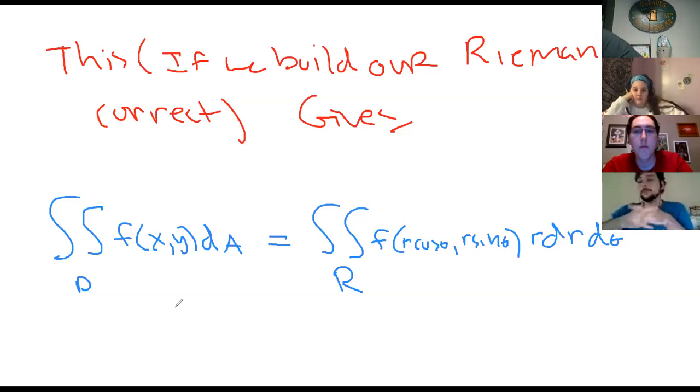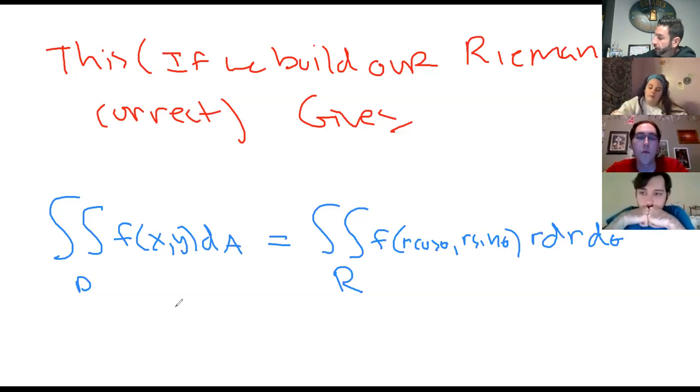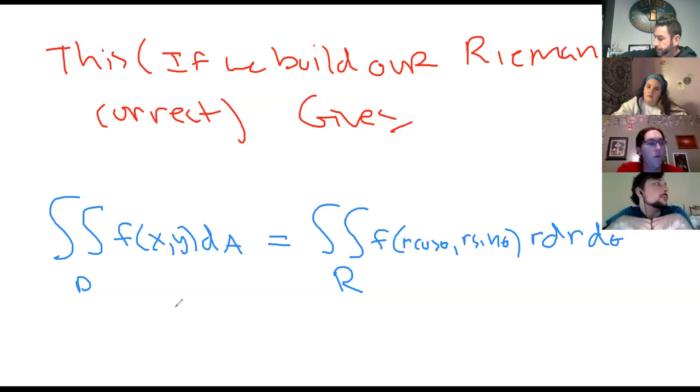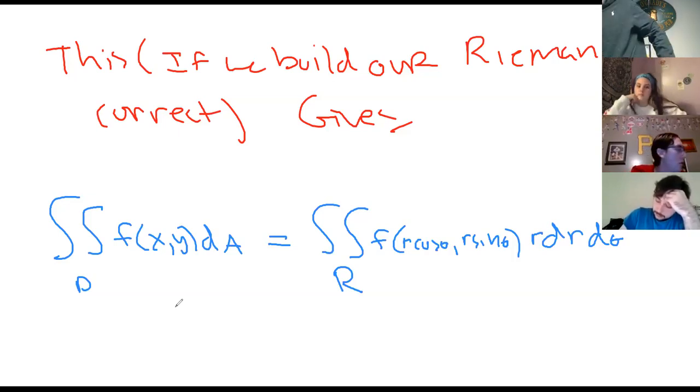Polar coordinates we did in Calc 2, that's chapter 12. But integration in polar coordinates is chapter 16. I'm going to assign some homework, and we will definitely show you how to do these.